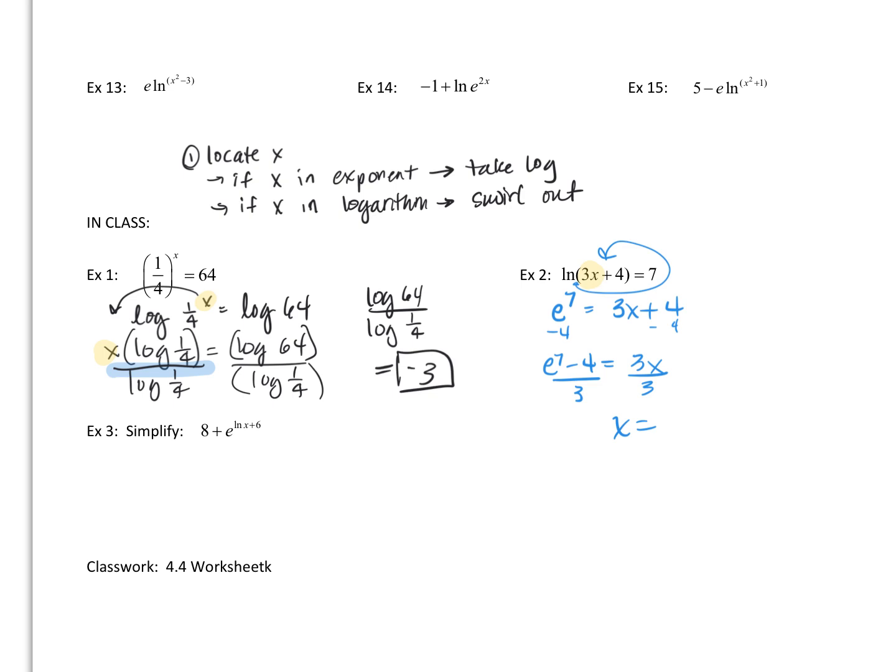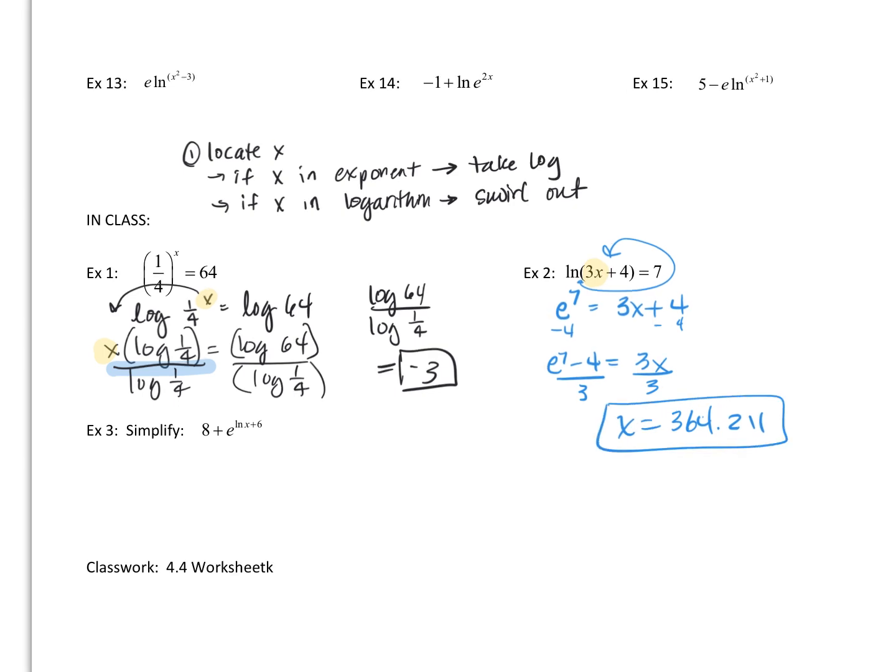The next thing I need to do is divide by 3, and then round to 3 decimals. So my answer is 364.211.